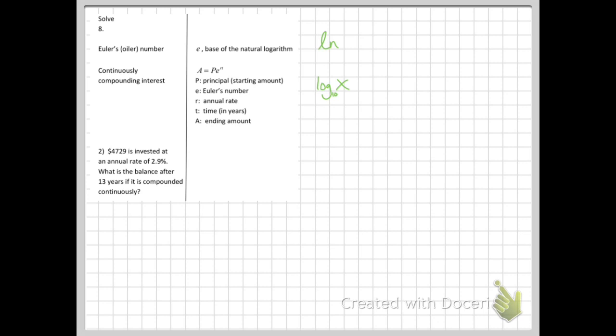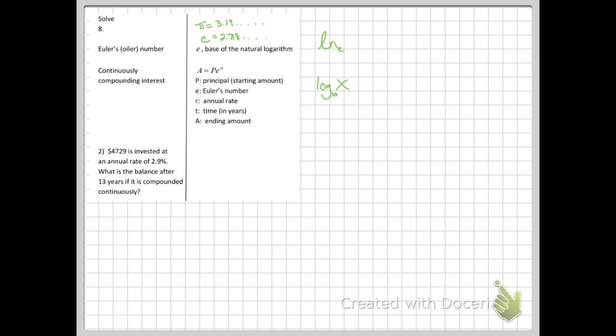Well, if you see a natural log, there's a little subscript of e. And e is kind of like pi. You know how pi is 3.14 blah, blah, blah, and it goes on forever? Well, e is 2.718 blah, blah, blah, and it goes on forever also. But to make it exact, we just use the symbol e, just like we just use the symbol pi.